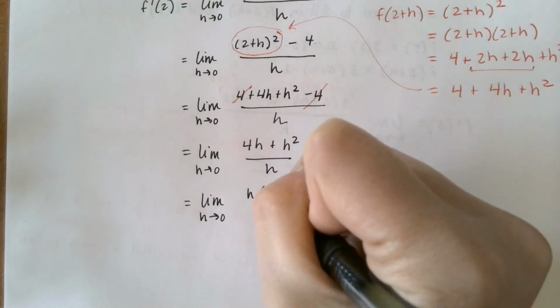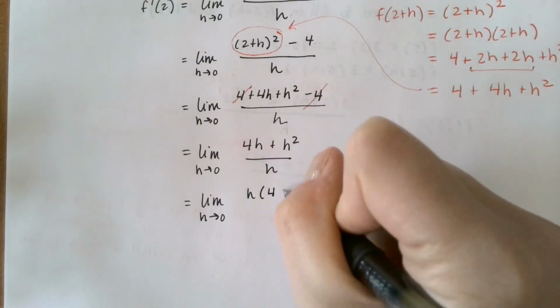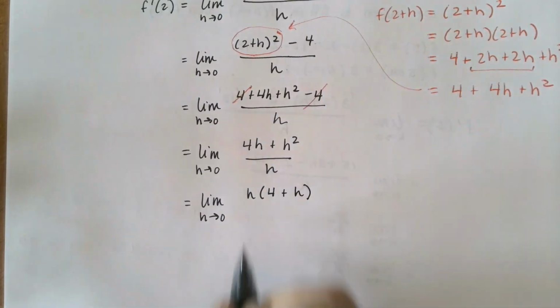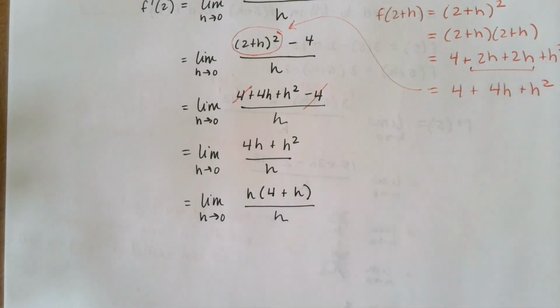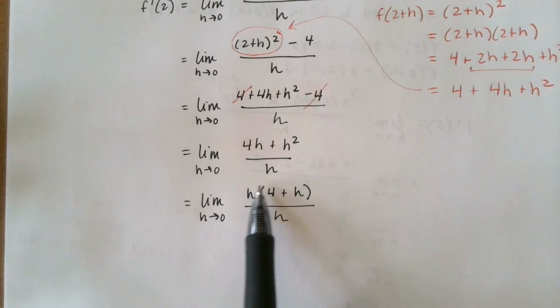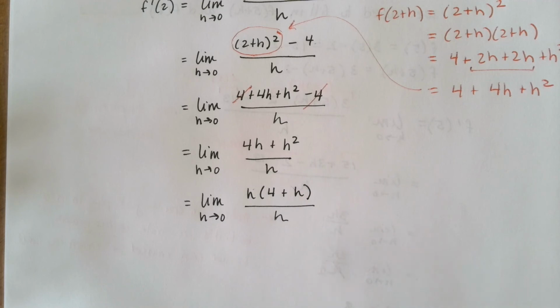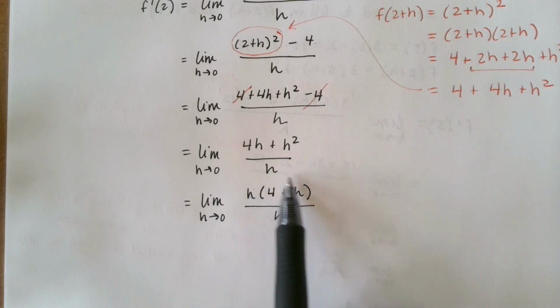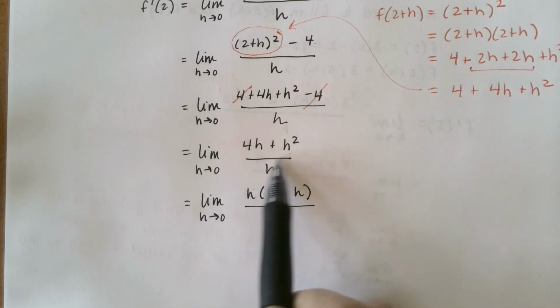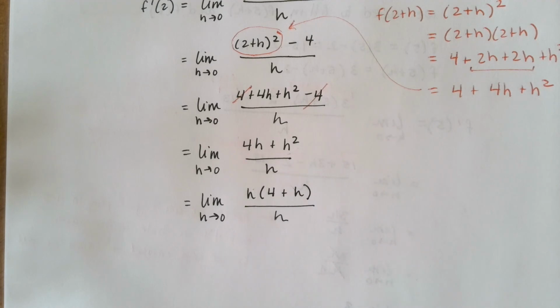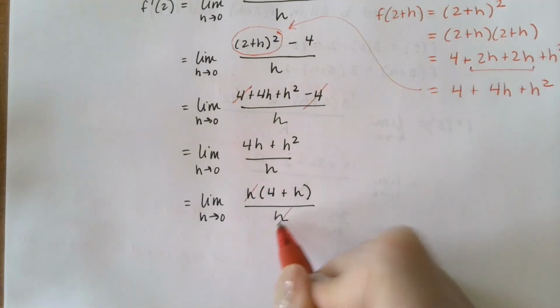So 4h would have a 4 left over, and then h squared would have 1h left over here. So you can see that if I distributed this h into the parentheses, I'd have h times 4 plus h times h, I'd end up with what I have up here. And now in this form, I can see h over h cancels.